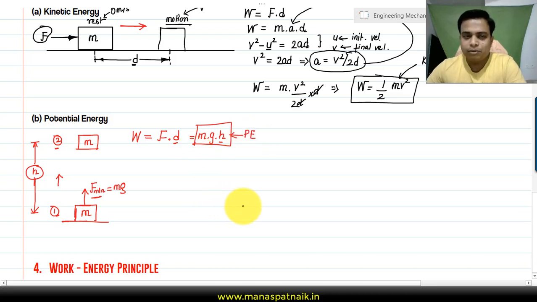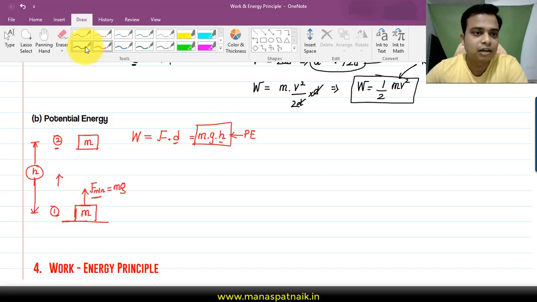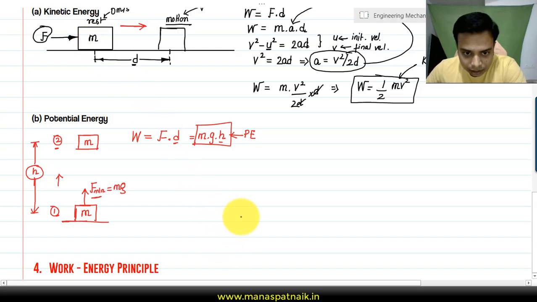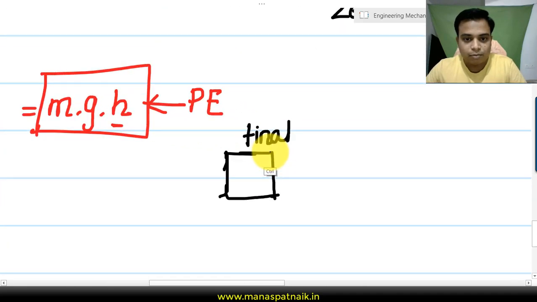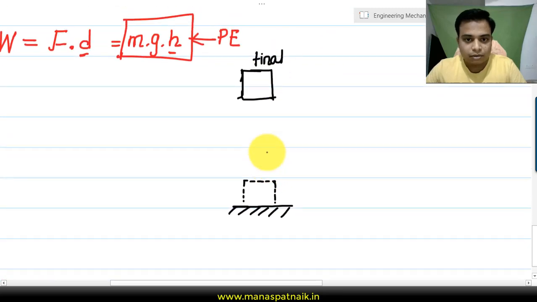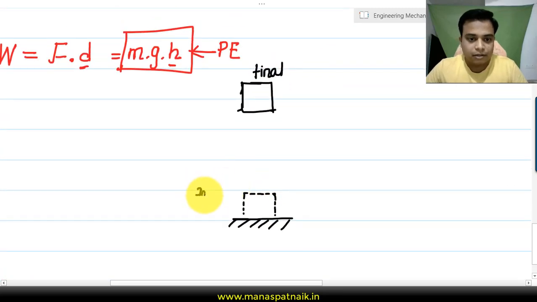Now let me explain it in this manner. Let's say this is earth, and you have a block over here. You had a block over here, and now the block has been shifted to this position. So this right here is the final position, and this right here is the initial position.